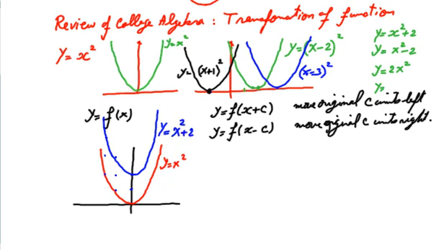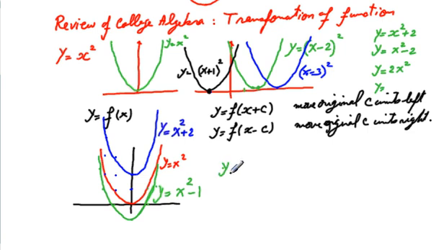But if you want to take it down, say 1 unit, so every point of the original picture, wherever it was, is being lowered by 1 unit. So what do you think is that one? X squared minus 1.